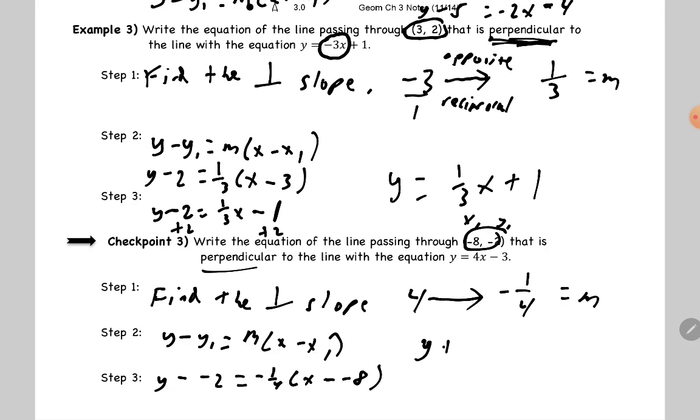Okay, so I have y plus 2 equals -1/4 times x plus 8. So -1/4 of 8 is -2. Subtract 2 from both sides, and I'll get y equals -1/4 x minus 4.